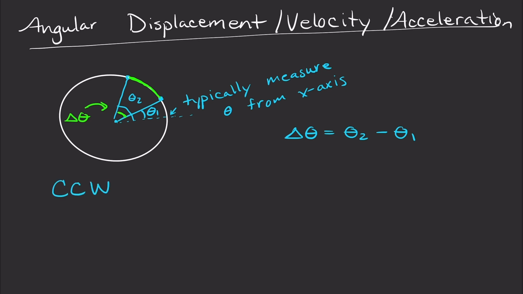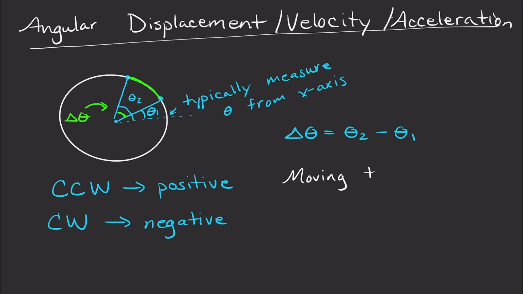If we move counterclockwise around a circle, this is associated with a positive angular displacement. If we move clockwise, this will be a negative angular displacement. Just for some language, sometimes we say moving through an angle.